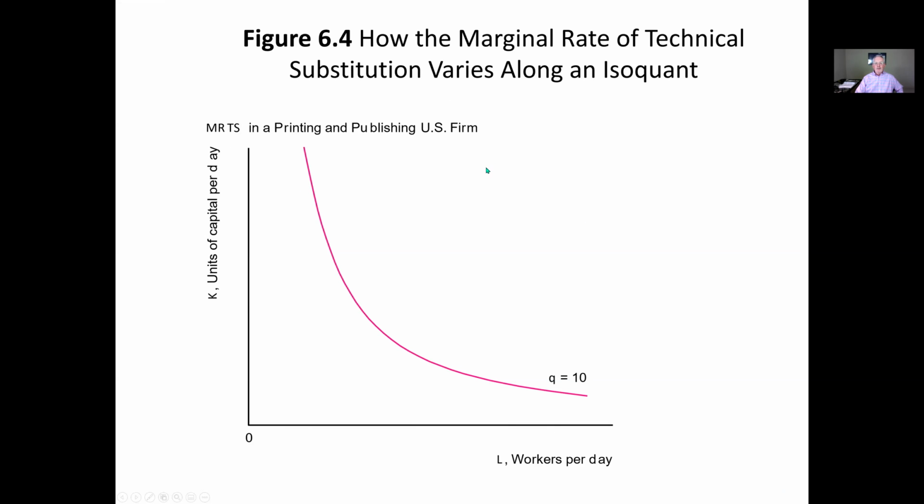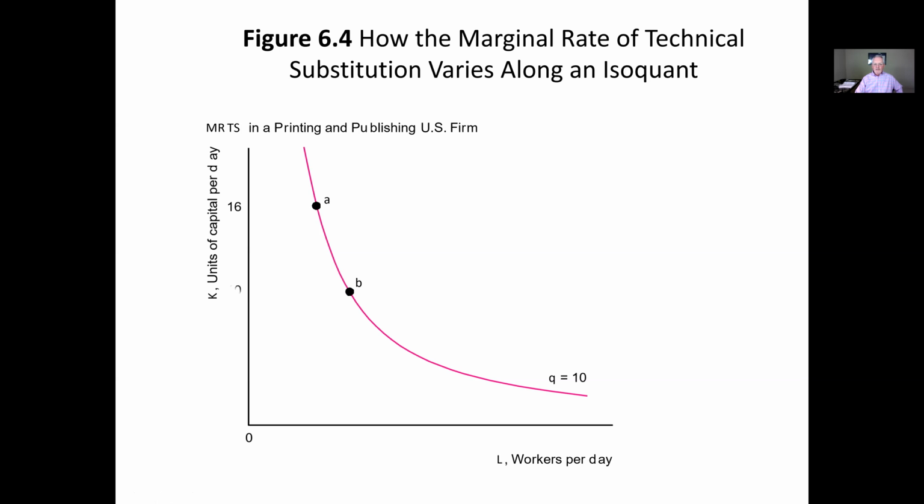So note now how the marginal rate of technical substitution varies along an isoquant. Again, I draw this isoquant, which is now convex toward the origin. Capital on the vertical axis, labor on the horizontal axis. We're looking at an isoquant associated with a level of output of 10 units.